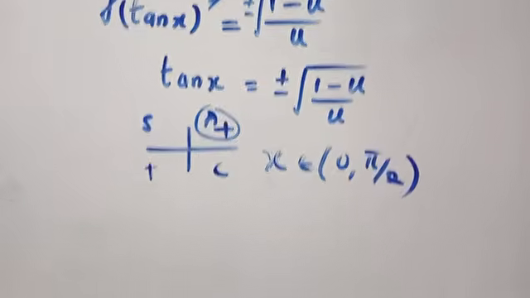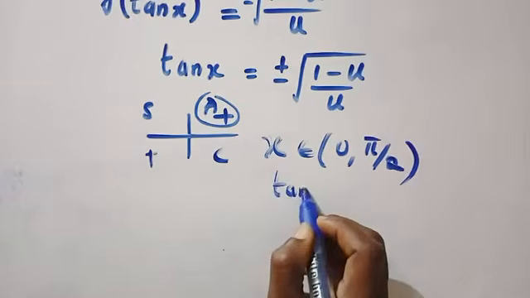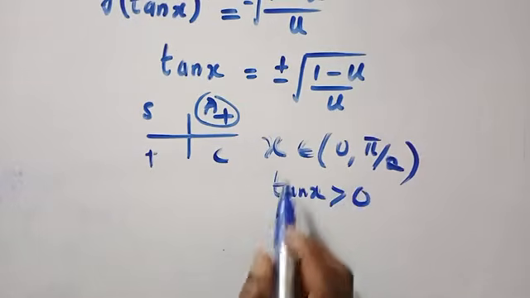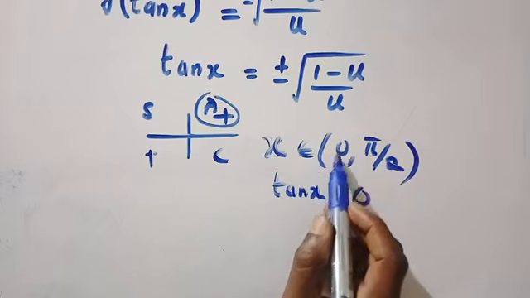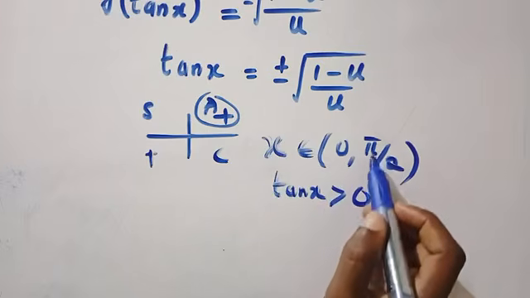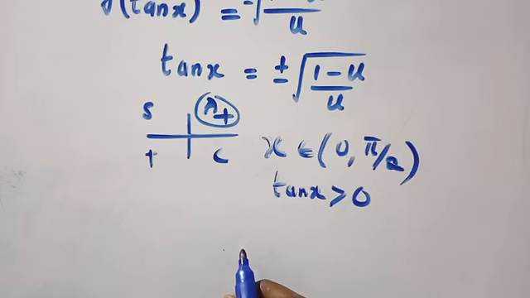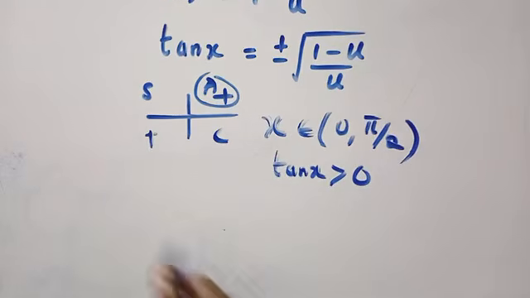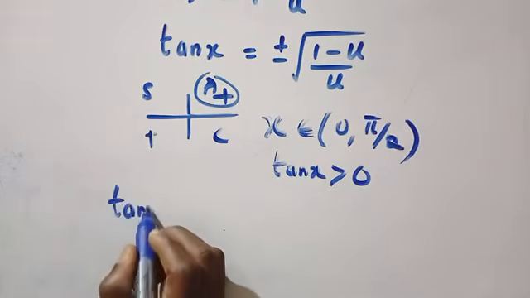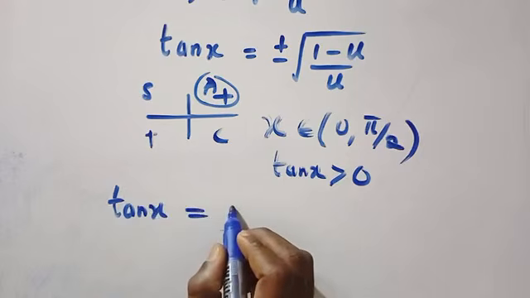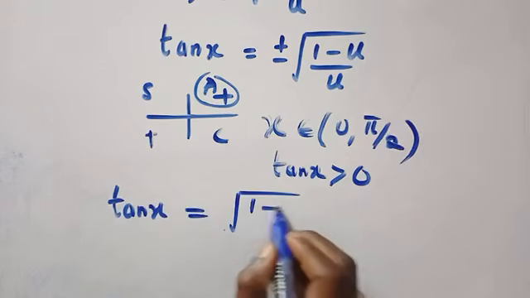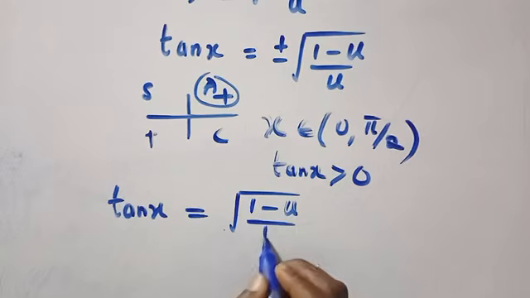Then we have tan x greater than 0, considering x is a member of 0 to pi divided by 2. So therefore, tan x equals the square root of 1 minus u divided by u.